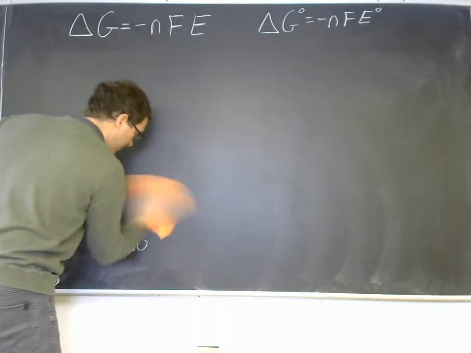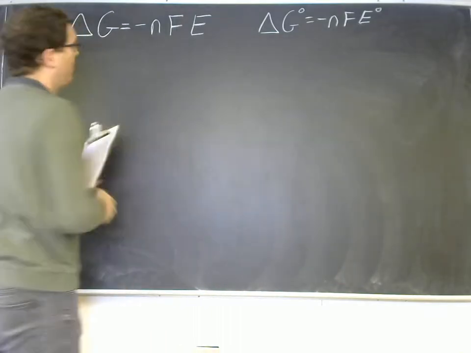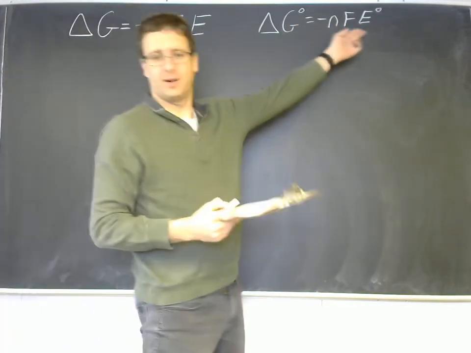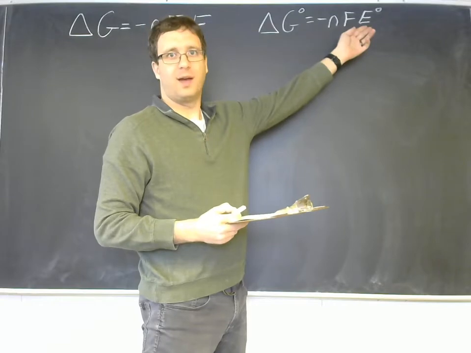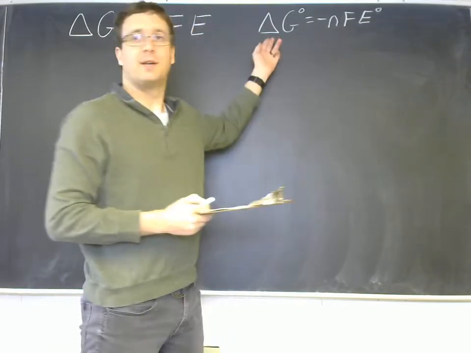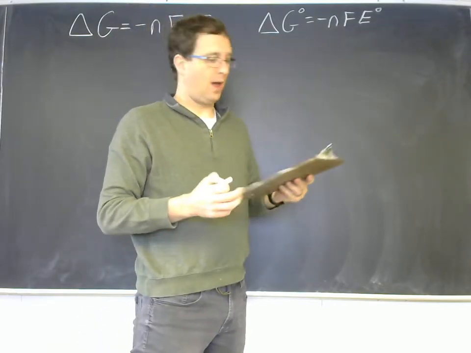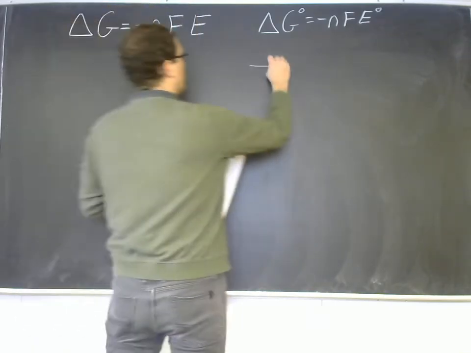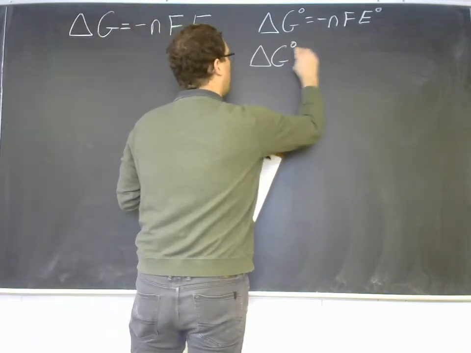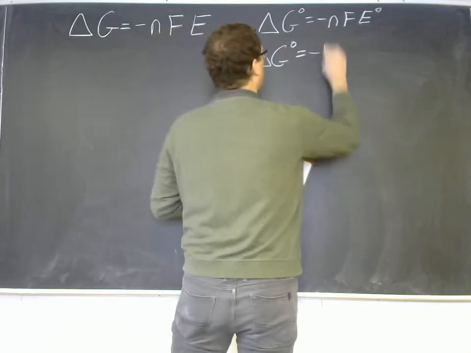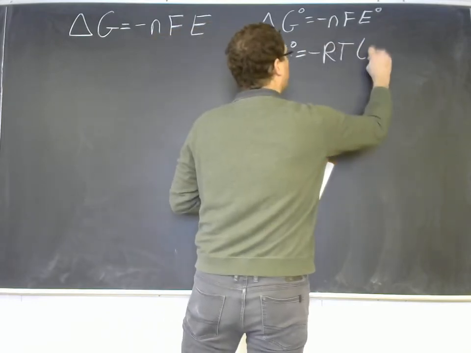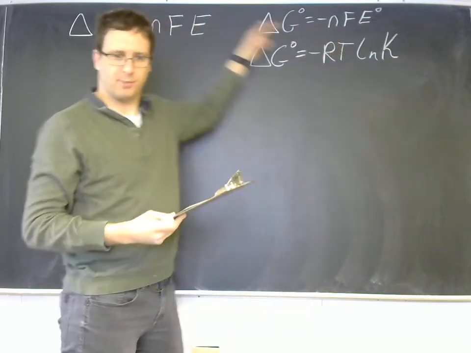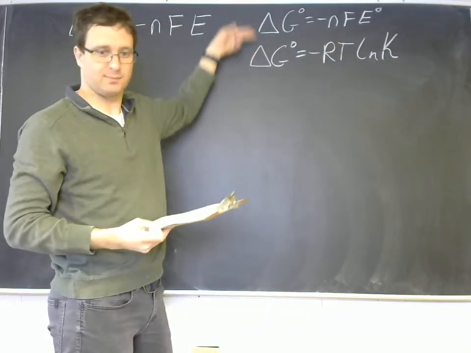But if we can relate standard cell potential to standard Gibbs energy, and we also know that delta G naught is equal to negative RT ln of K. Well, if these two things are both equal to the same Gibbs energy, then that means they're equal to each other.